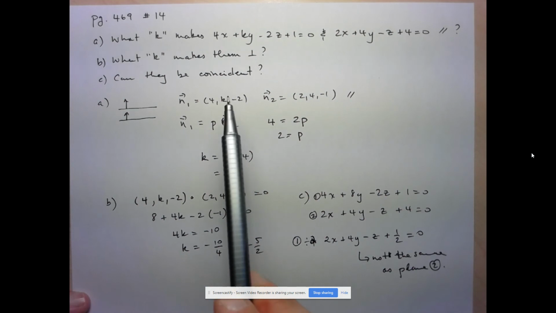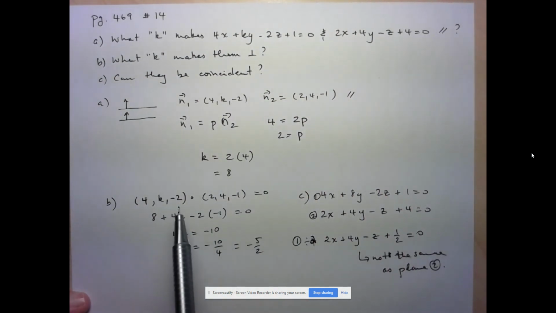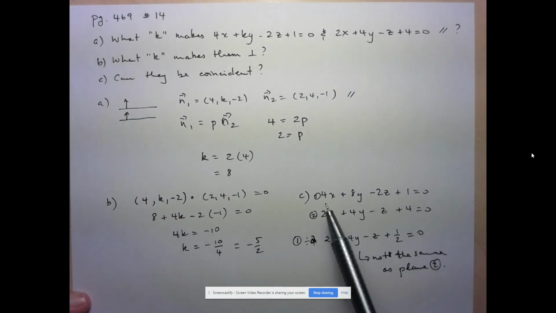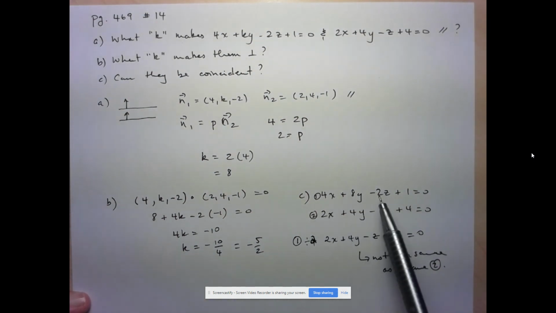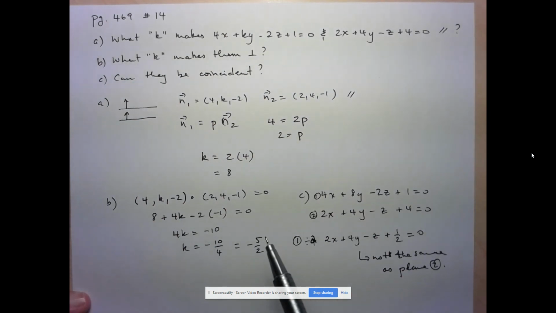To show they're parallel, you have to show that they're scalar multiples of each other, and for perpendicular, that the dot product is equal to 0. In order for them to be coincident, meaning the same plane, not only do the normal vectors have to have the same multiple, but so do the d values. That's it for this one.